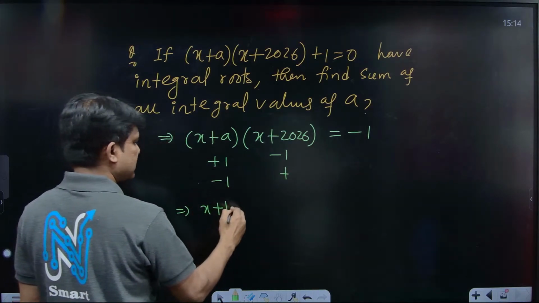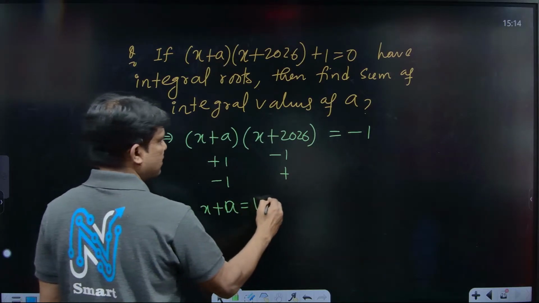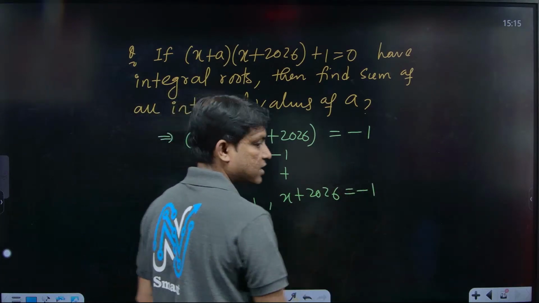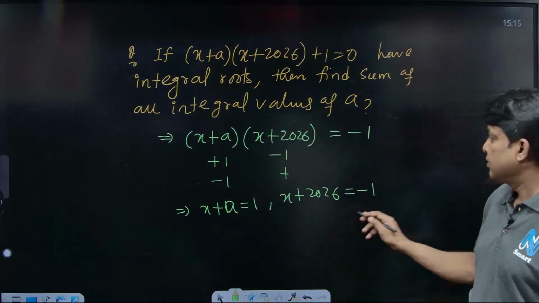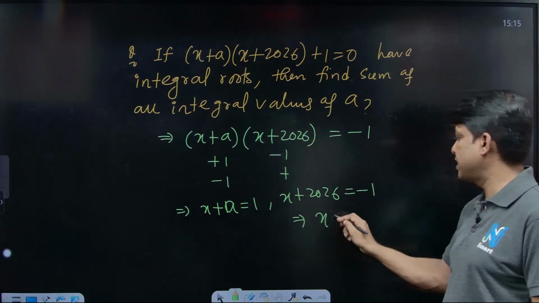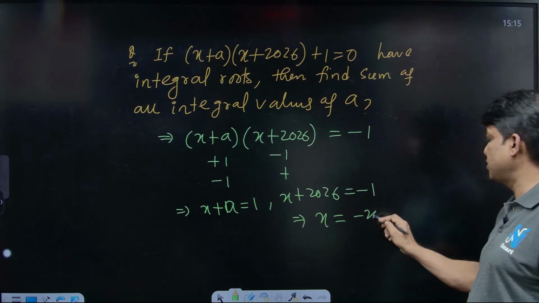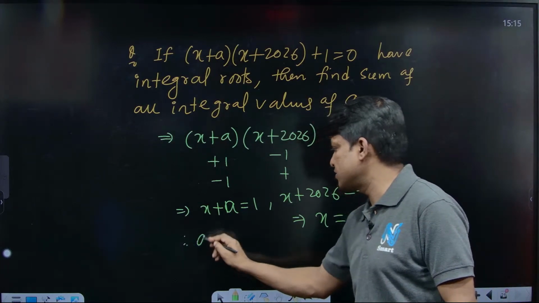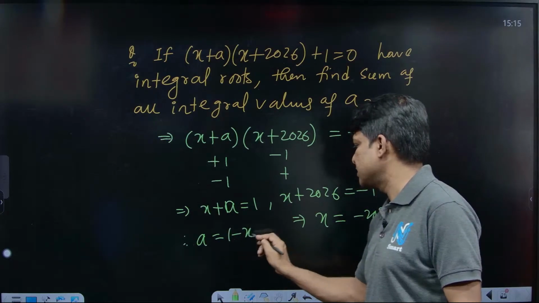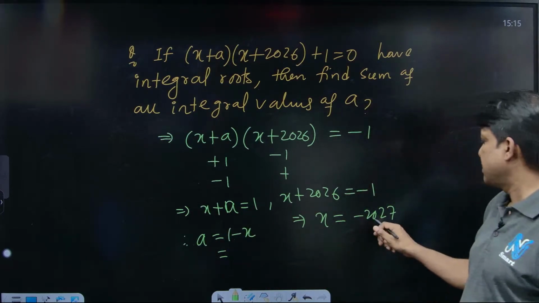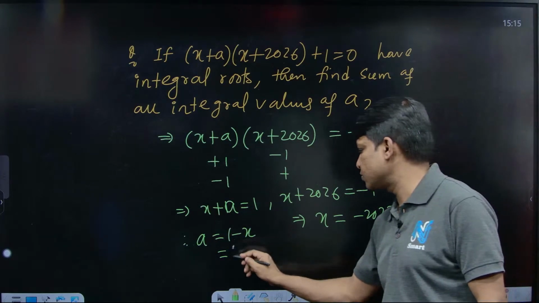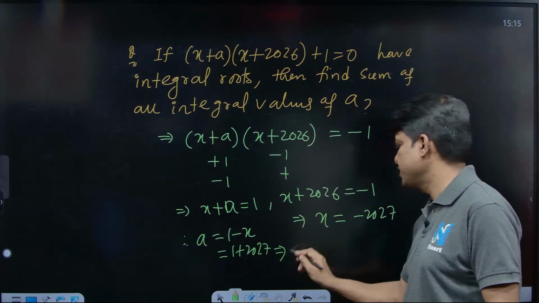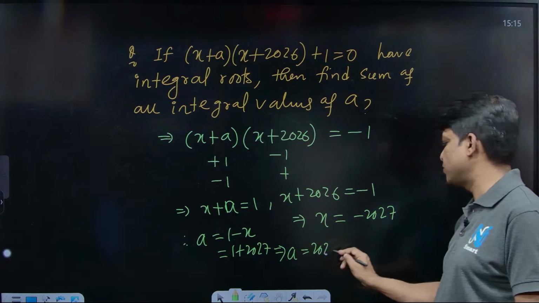When x plus a equals 1, then x plus 2026 is minus 1, that means x equals minus 2027. So a equals 1 minus x, which is 1 plus 2027, so a equals 2028, one integral value.